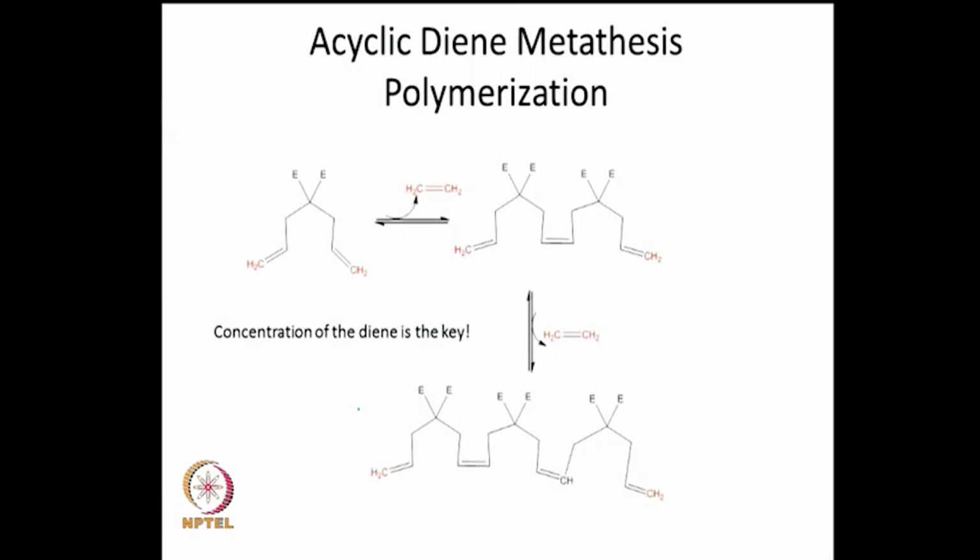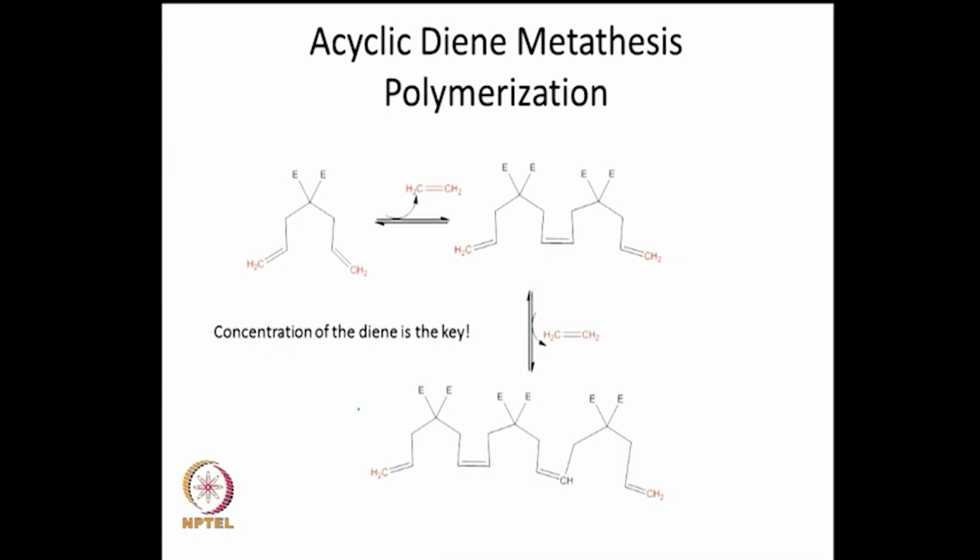Acyclic diene metathesis polymerization is a system where you eliminate ethylene from a diene molecule in such a way that you form a polymeric molecule. How do you push the reaction? The same reactant has been used for 3 different reasons. One is to do ring opening metathesis, another is to do ring closing metathesis, another is to do acyclic diene metathesis polymerization. So, here the concentration of the diene is a key.